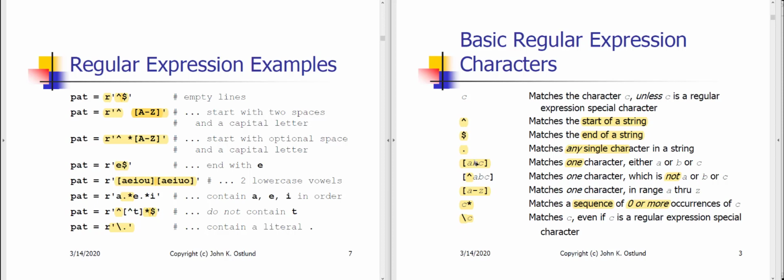And then we've got square brackets with a set or a range, meaning one of the characters within that set or range. And with the caret symbol, it means one of the characters that's not within the set or range. And backslash will turn off the meaning of the caret or the dollar or the dot or the square bracket and so on. All right, so that is the basic set.